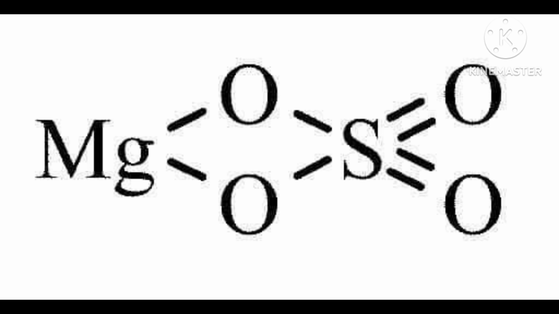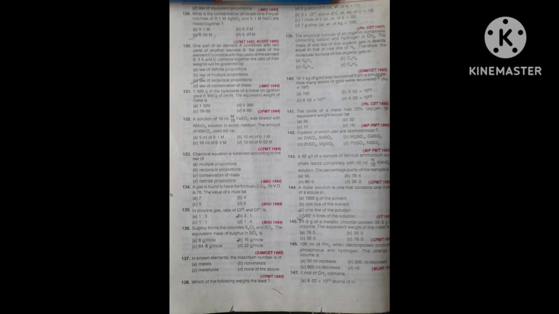Therefore, the molecular formula of the organic gas is: option 1 C2H4, option 2 C3H6, option 3 C6H12, and option 4 C4H8. This question was asked in MSET. Now think, the question is not difficult.